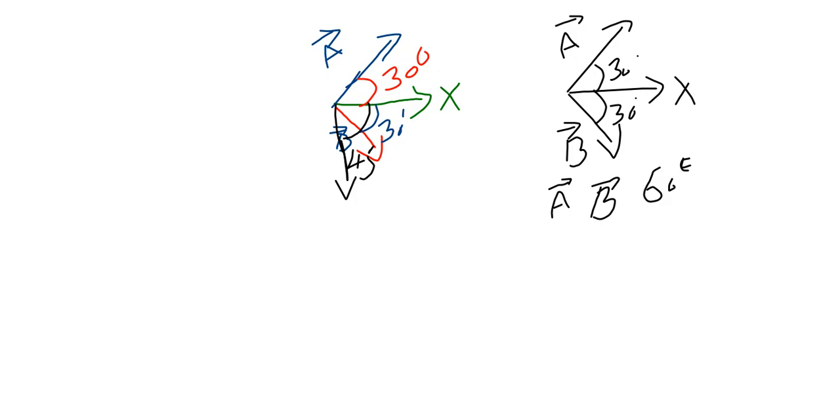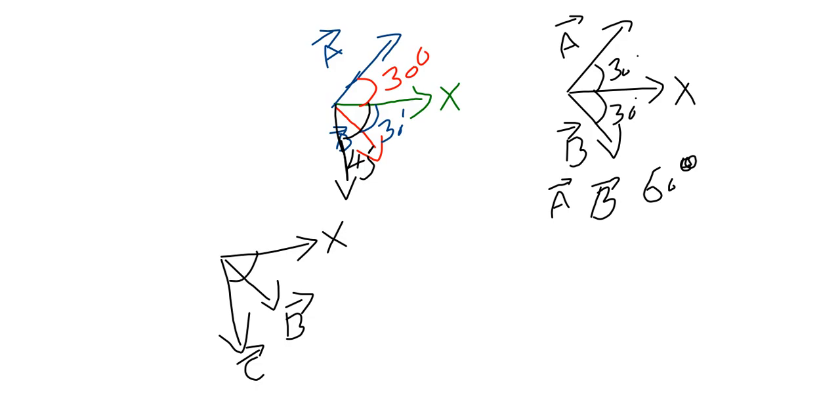Next one is angle between B bar and C bar. This is X coordinate. This is B bar. This is C bar. So with the X axis, C bar makes an angle of 45 degrees.